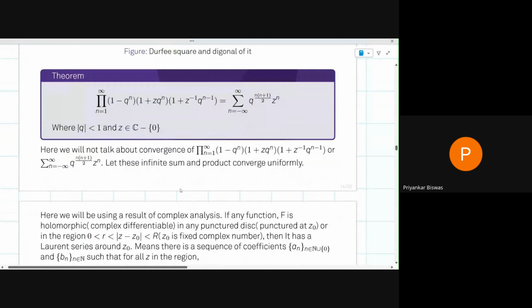I am not going to talk about why these terms converge in this set, because this needs pretty complex analysis, which I will not talk about now.